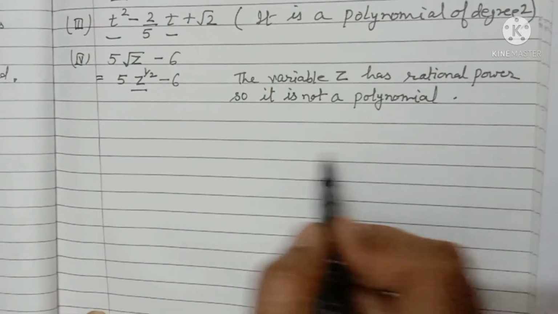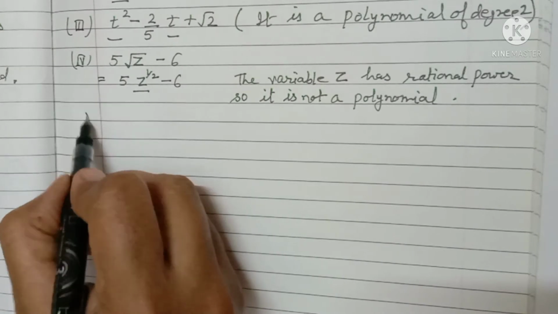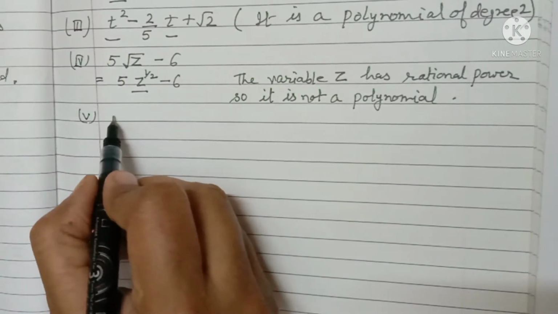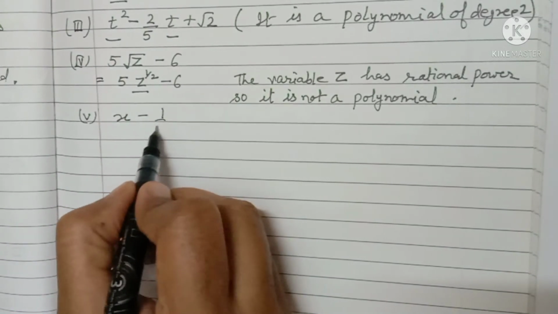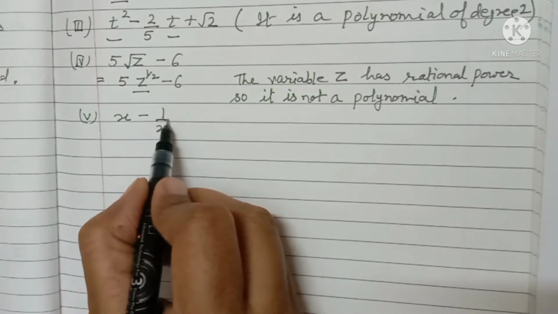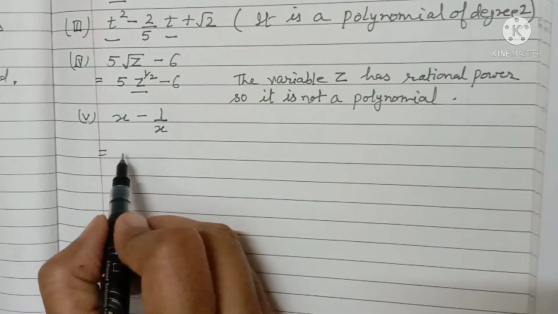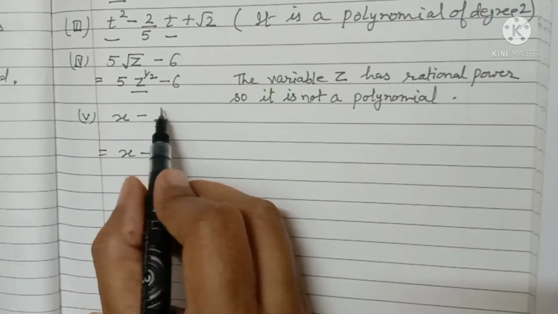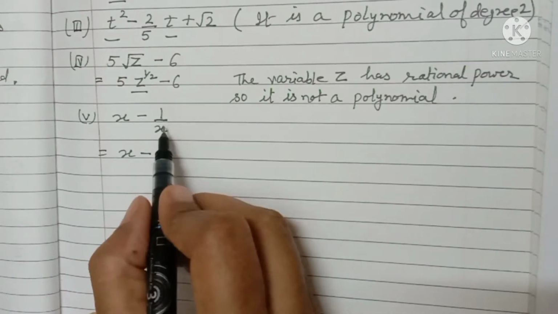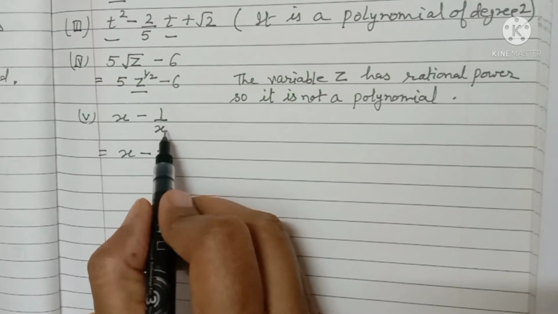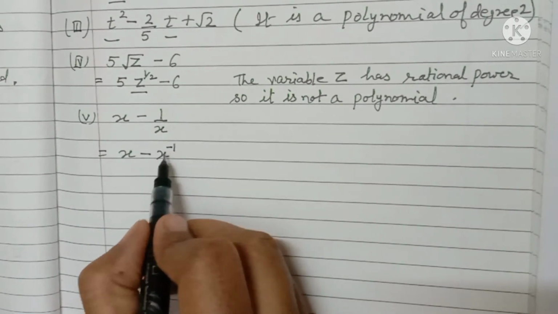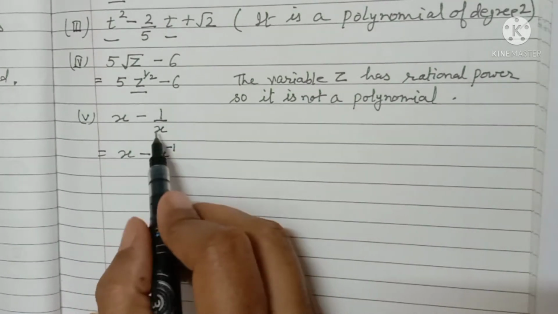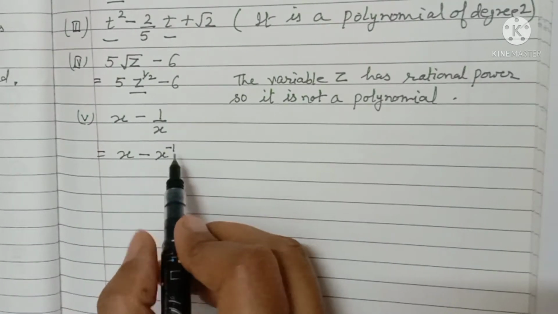Now come to the next part, the fifth: x minus 1 upon x. You can write this expression as x to the power of 1 minus 1 upon x, and when x comes to the numerator it becomes x to the power of minus 1.